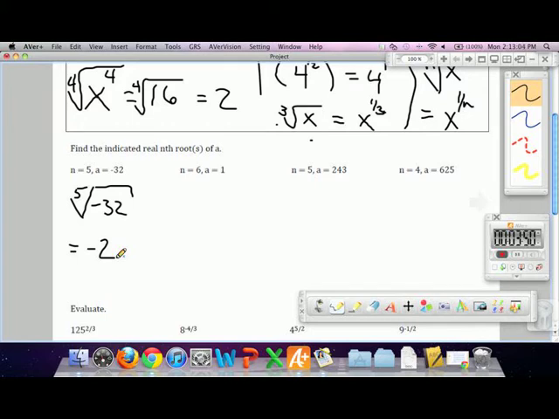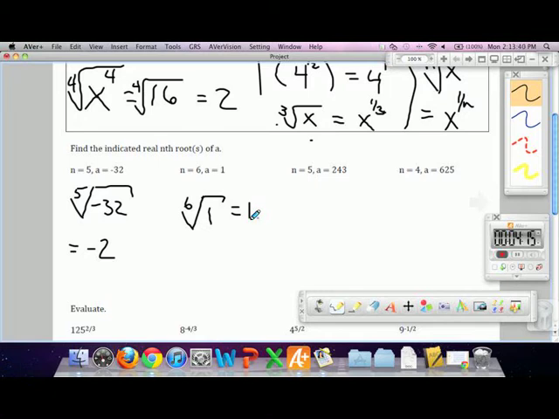Similarly, what times itself 6 times is 1? 1. How about what times itself 5 times is 243? This is a whole number. 3 times 3 times 3 times 3 times 3.